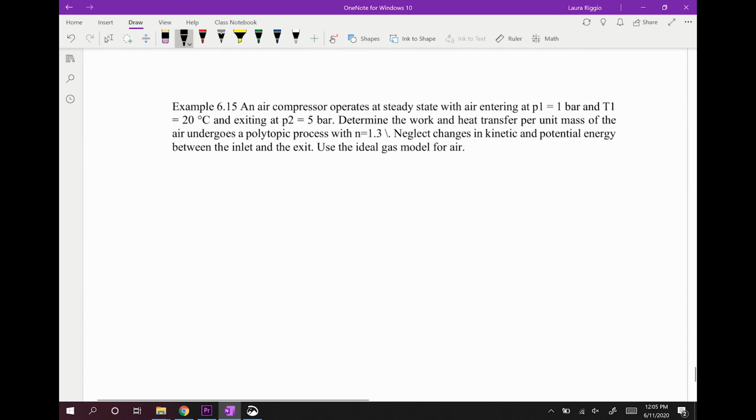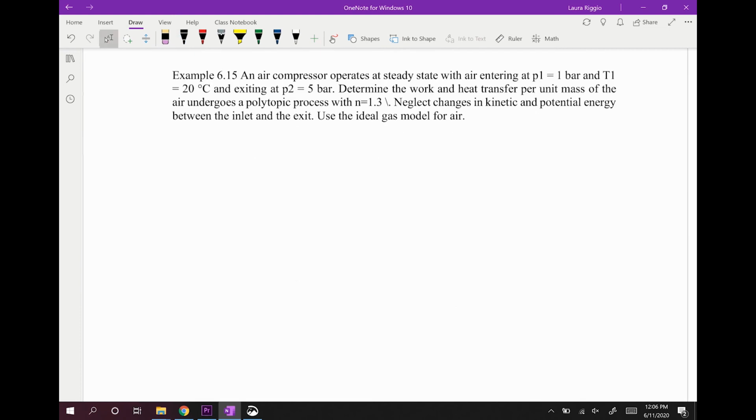So if we look at an example, we have an air compressor operating at steady state with air entering at 1 bar and a temperature of 20 degrees Celsius and exiting at 5 bar. We want to determine the work and heat transfer per unit mass as the air undergoes a polytropic process with n equals 1.3. We're going to neglect changes in kinetic and potential energy between the inlet and outlet. So to determine both the work and the heat transfer, we need T2.